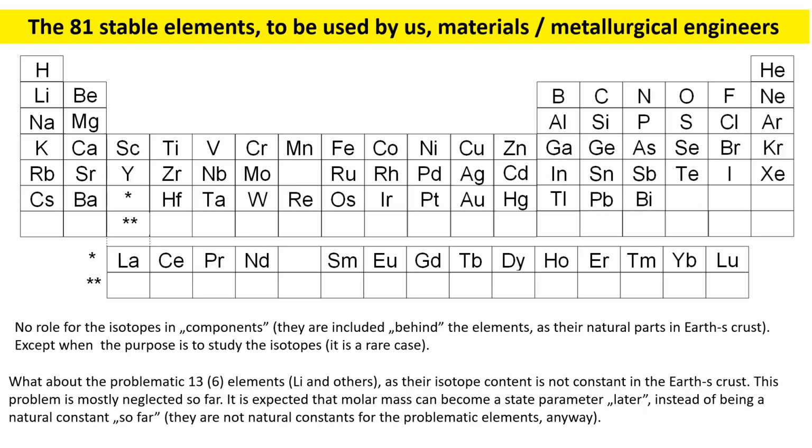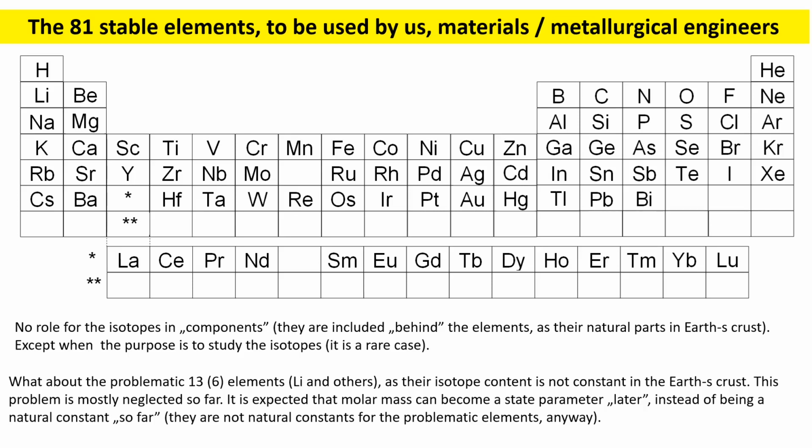But I think that sometime later this problem should be discussed and resolved, and I expect that later the molar mass, at least of these problematic elements, can be considered a state parameter. Because today, or at least so far, or at least like 15 years ago, molar masses or atomic masses were considered as constants of nature.